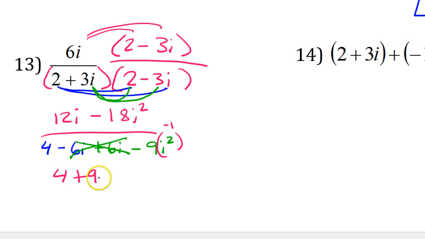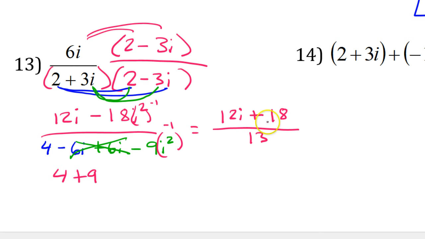With no i anywhere. So similarly, this i squared is also negative 1. Negative times negative is a positive. So this is going to be 12i plus 18 over, and 4 plus 9 is 13.